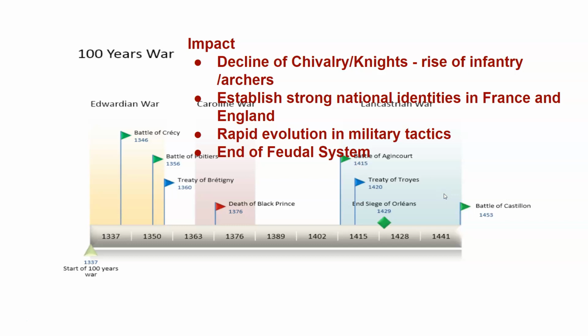Somewhat later than King John, you have the Hundred Years' War, and this is truly a hundred-year-long war fought between the British and the French, really over who was going to be the king of France. Early on in the 1330s, there's the death of a king in France, and he dies without leaving a male heir.